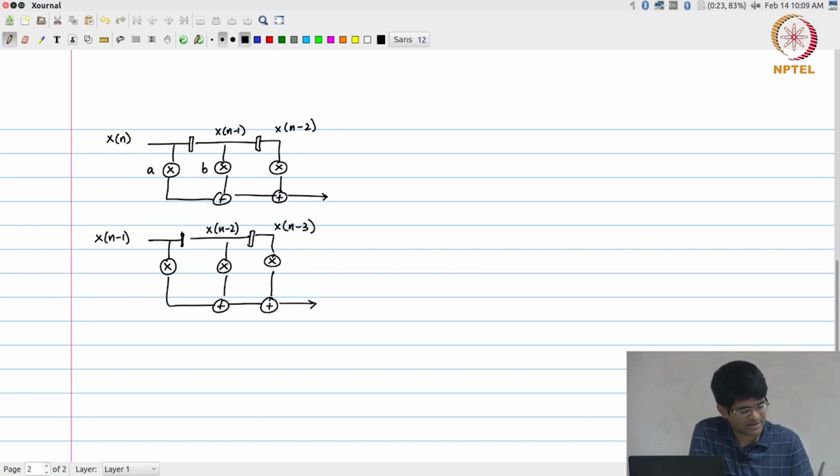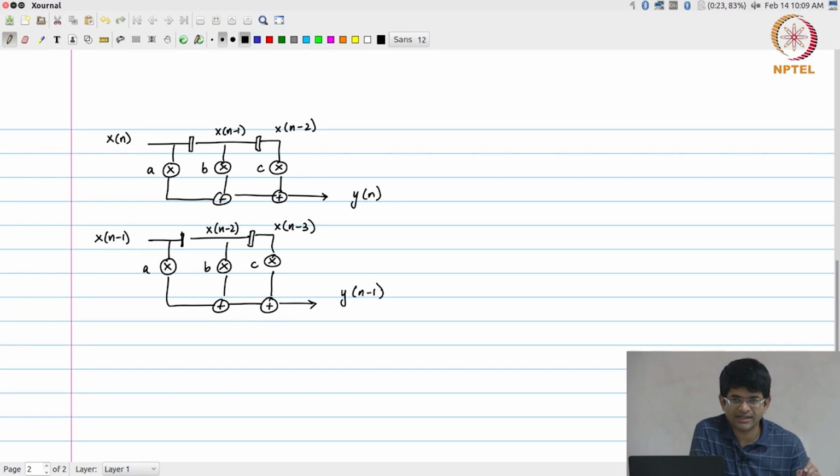The multipliers, coefficients A, B, C remain the same, the adders structure remains the same, right. The assumption is, at a given point in time, I am basically going to apply x of n to the top filter, x of n minus 1 to the bottom filter. I will get correspondingly y of n as the output, y of n minus 1 as the output over here.